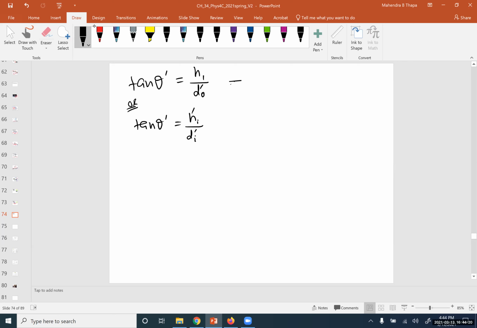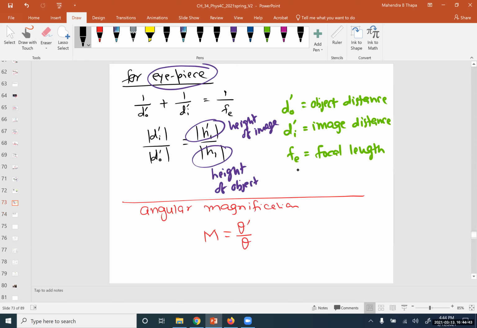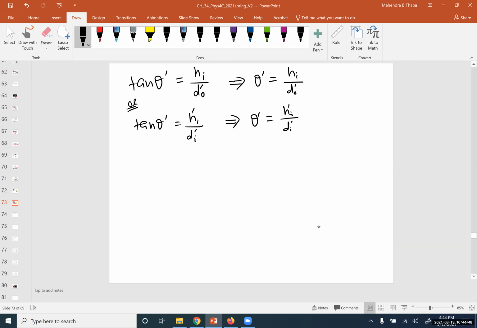So for a small angle, theta prime equals hi over d naught prime, and similarly, we can use theta prime equals hi prime over di prime, right? So we can use either one. We have to replace accordingly, okay? So we figured out this angle.